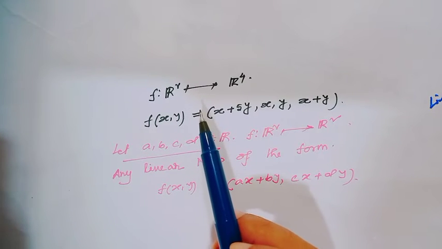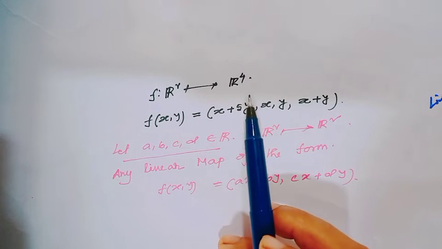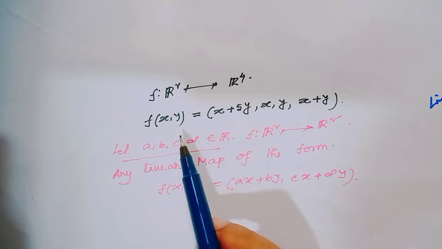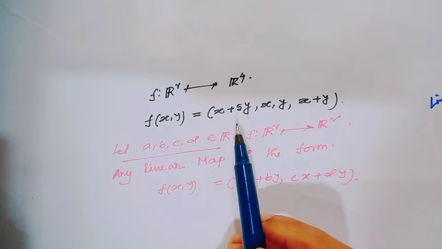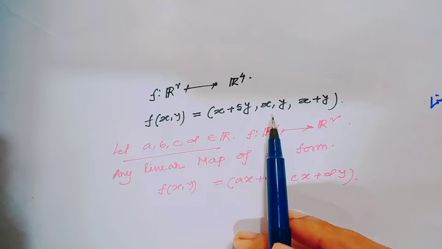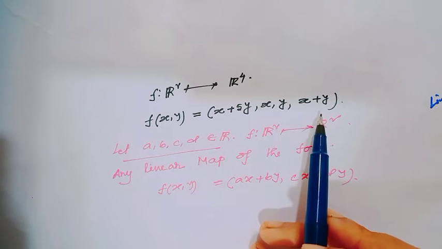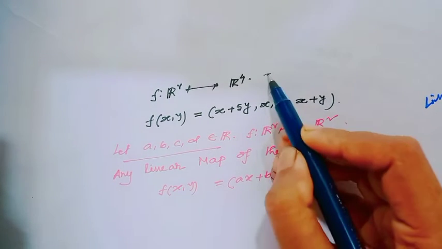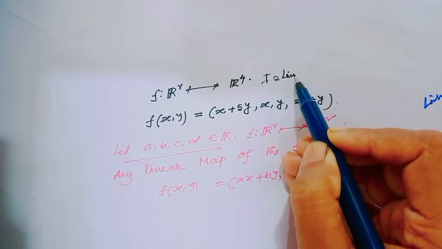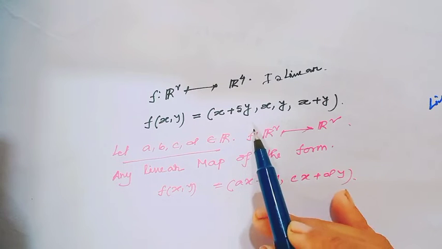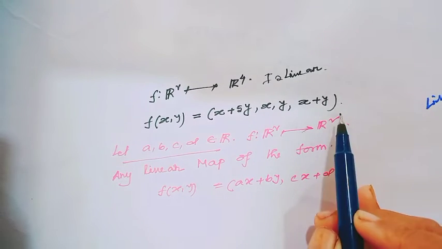Let's see some examples. Consider f from R2 to R4 such that f(x, y) equals (x plus 5y, x, y, x plus y). Is it linear? We have to check that each fi is linear.